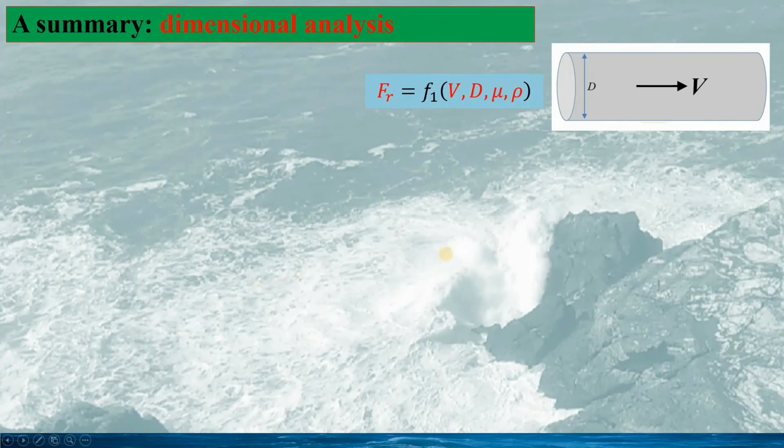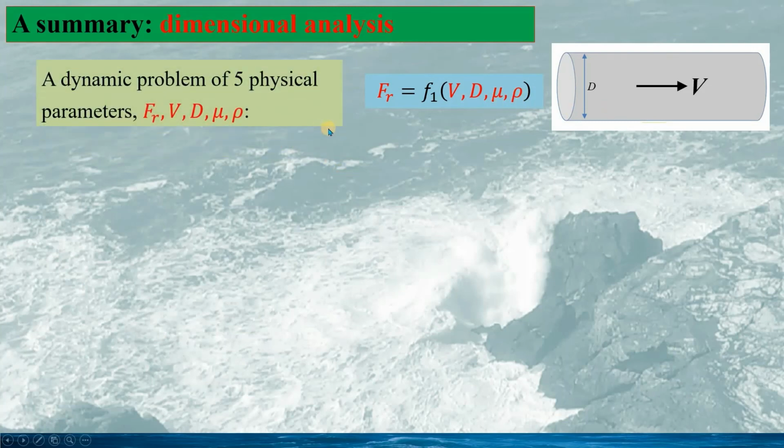Now in the final slide, we will see a summary of the dimensional analysis. The original problem is looking at the fluid friction Fr as a function of the physical parameters: the fluid velocity V, the diameter of the pipe, the fluid viscosity, and the density.